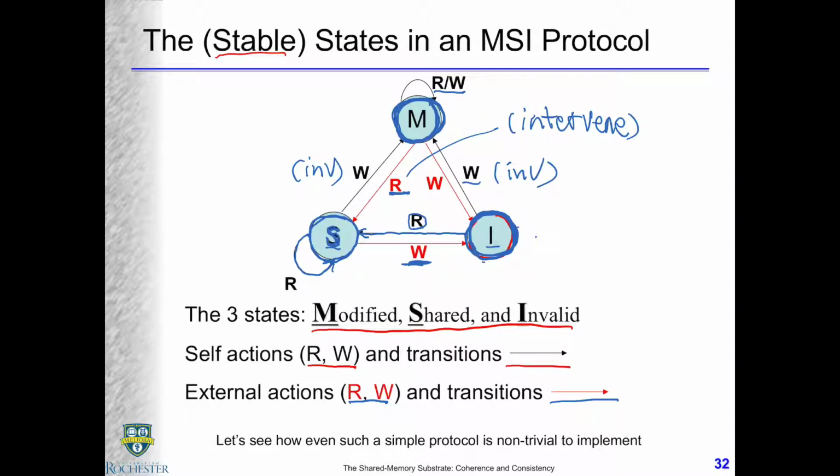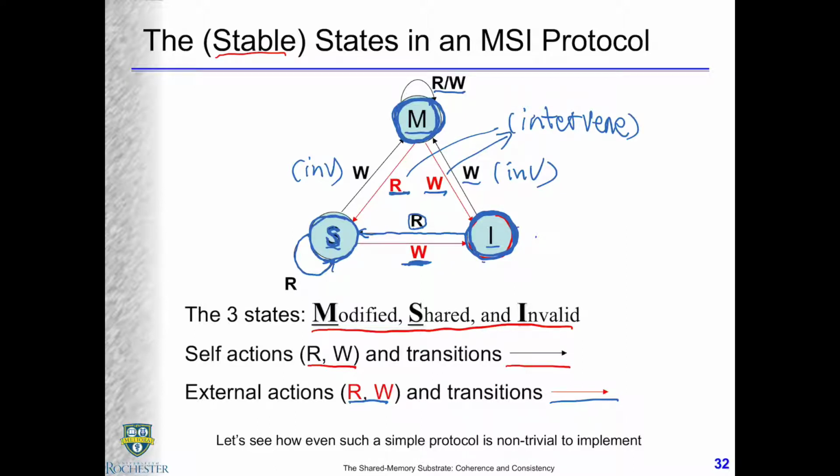Now, one last request is, what if I'm in modified state and someone else wants to write? Again, pause, think about what you should do. So this is essentially two operations combined into one. This is just like the intervene that we just discussed. If you're writing, you need the cache line to write. So I will supply the cache line to you, and that's the same thing.